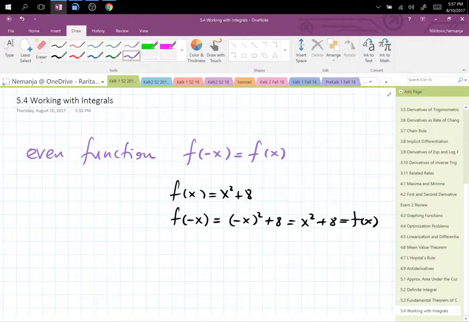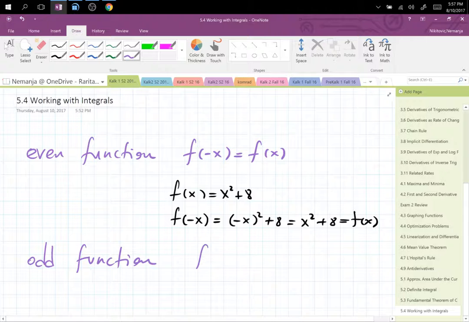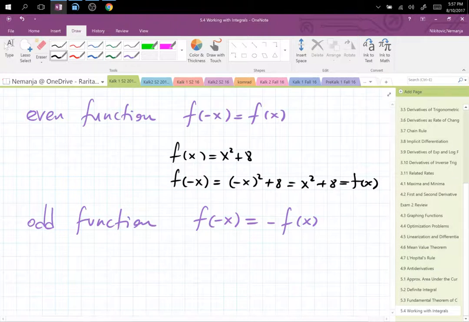And then there's the odd function. You learned this in pre-calculus. An odd function has the property that this minus sign goes in front of the function. Let's say f of x is equal to x cubed minus 4x.